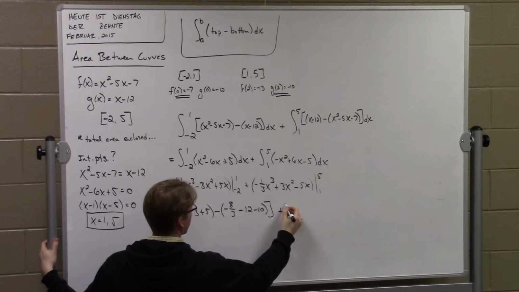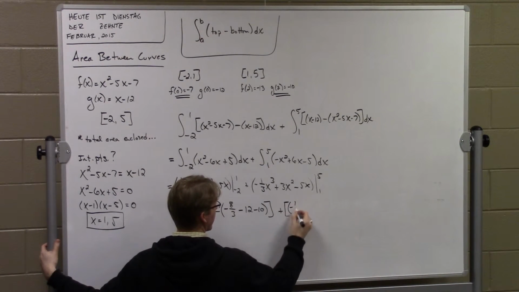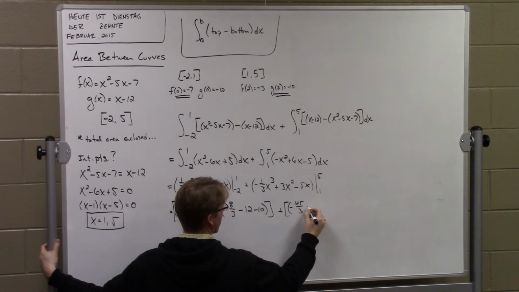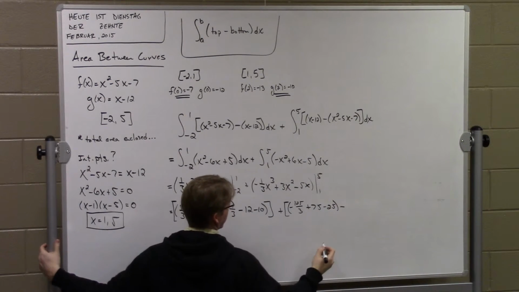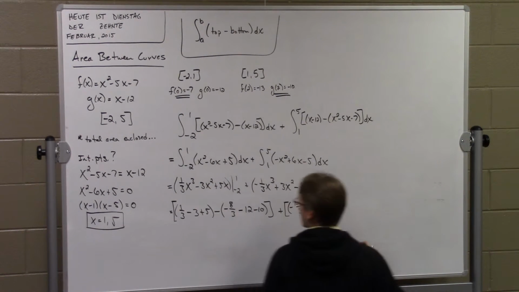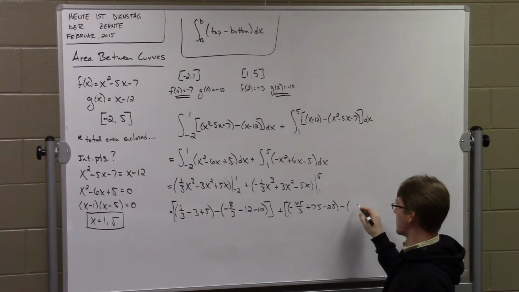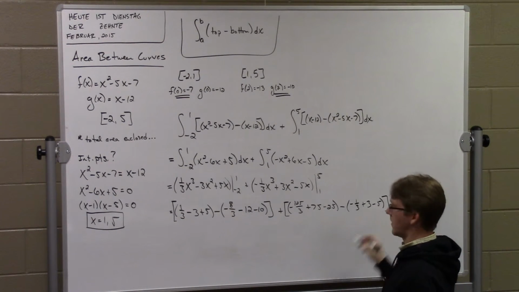And then we're going to add in this second chunk of area, which is -125 over 3. That's 3 times 25 is 75, minus 25, minus whatever we get when we stick in 1. What do we get when we stick in 1? -1/3 plus 3 minus 5.